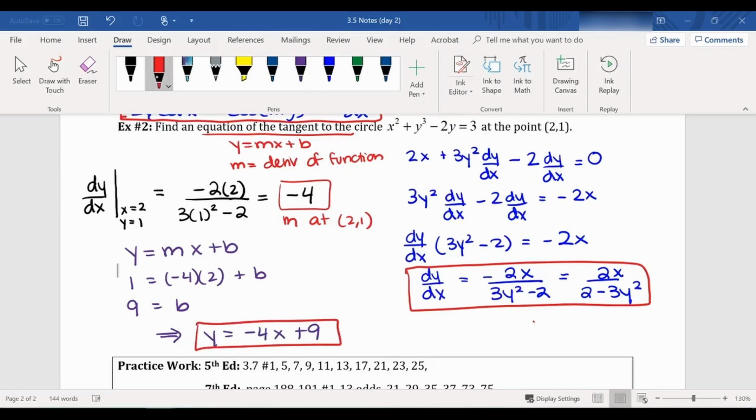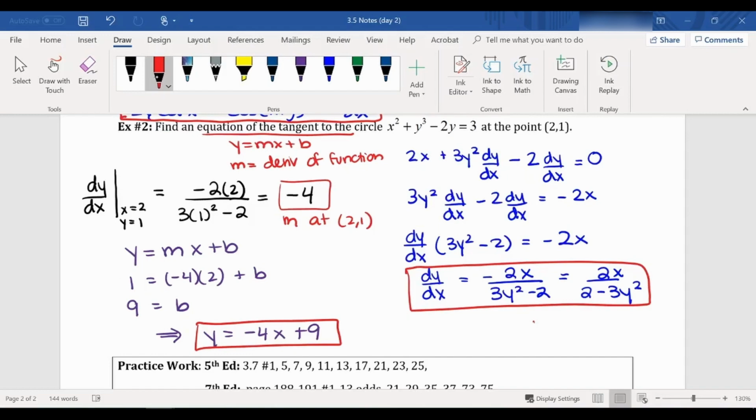Again, if I'm finding the derivative of a term that has a y in it, the only difference is you're going to include that dy/dx, change in y over change in x, or change in y with respect to x. All the other derivative rules still apply.